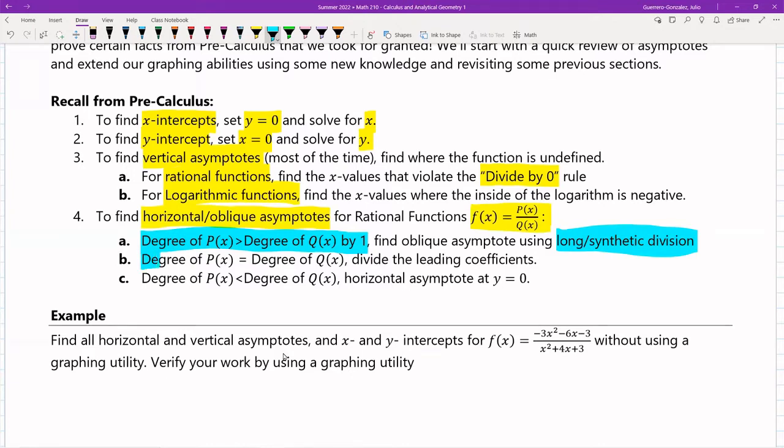If the top and the bottom have equal degree, then you divide the leading coefficients. That one was simple enough, right? And the last one was if the degree of the top was less than the degree of the bottom, you automatically had an asymptote at y equals 0.